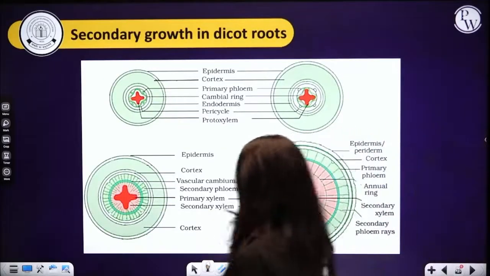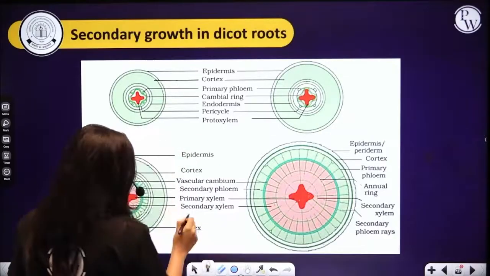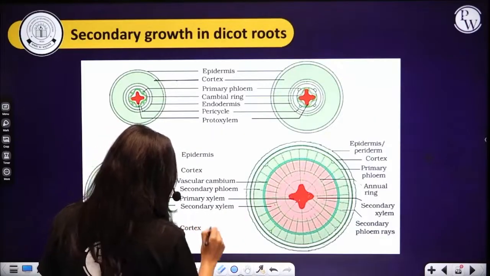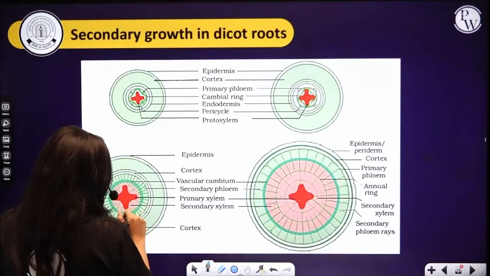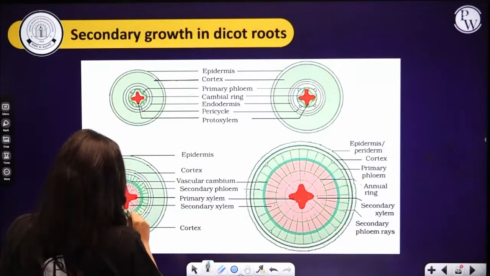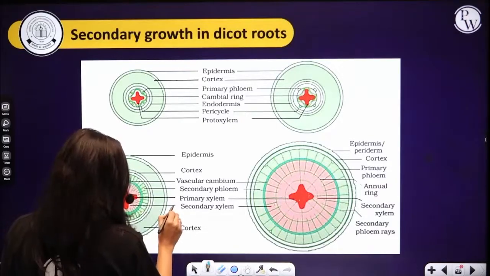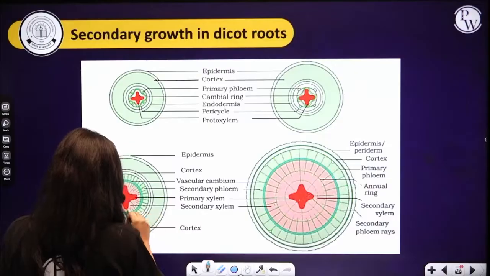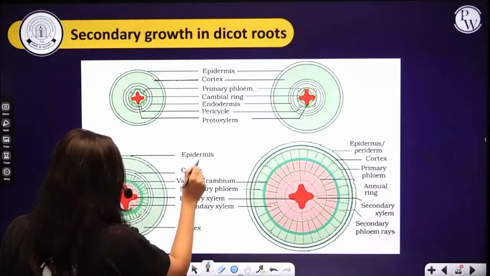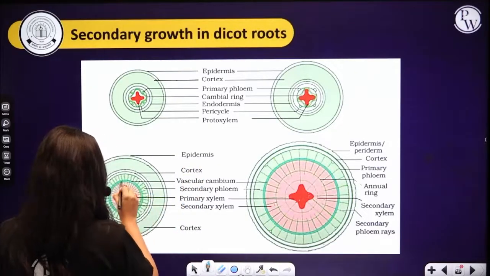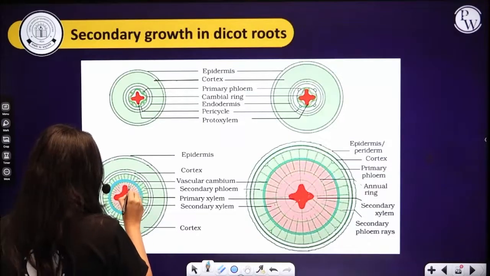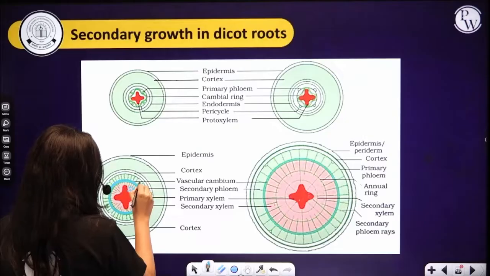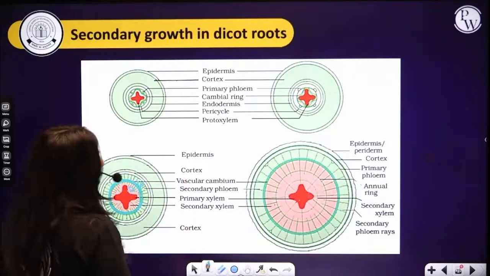Similar to that, it will give rise to secondary xylem towards the inside and secondary phloem towards the outside.